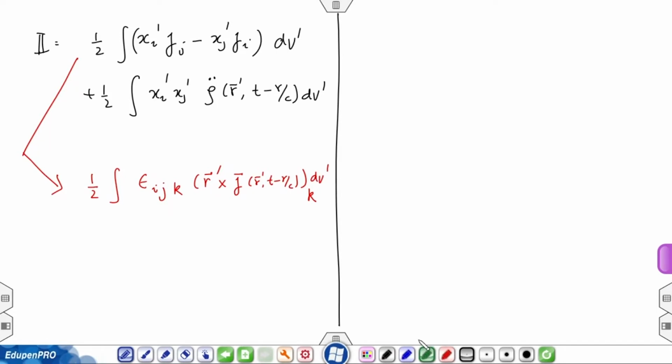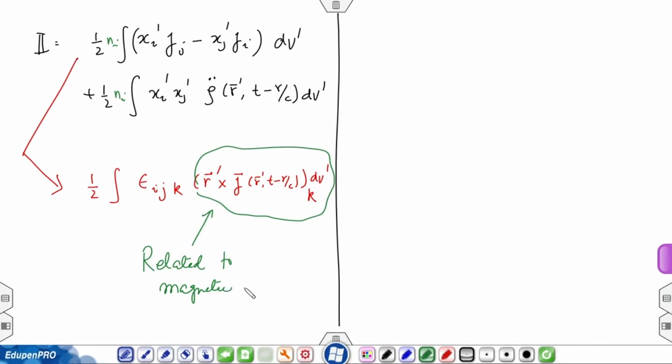There was an n I also here, there was an n I also here. This cross product is related to the magnetic moment of the current. We have seen that in magnetostatics, and there is an n I here.